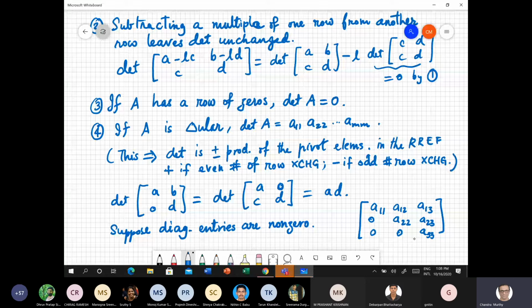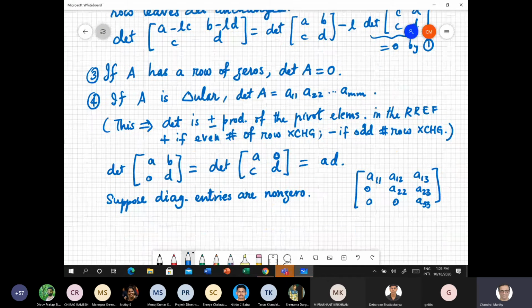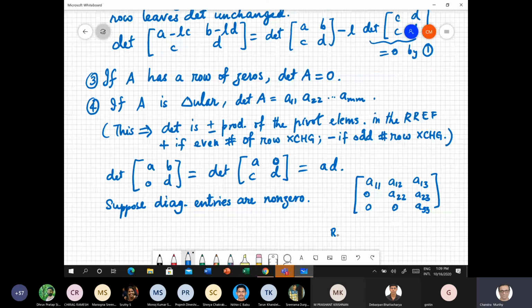Then what I can do is I can subtract a multiple of the third row from the second row such that this entry A23 becomes 0. So I'll just write that here. I'll replace R2 with R2 minus A23 over A33 times R3.